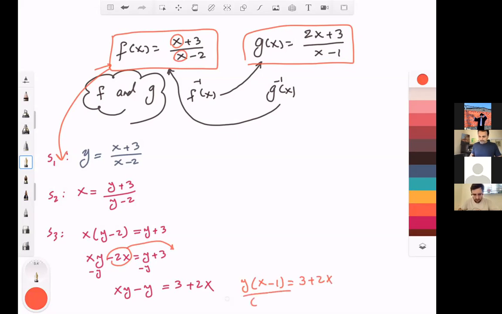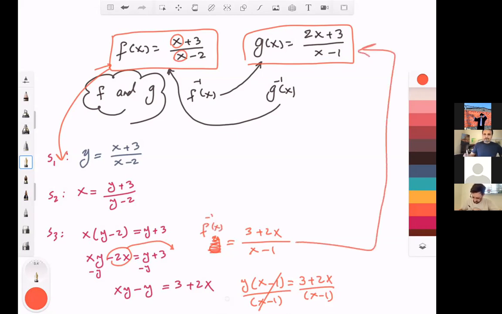Then I divide by x minus 1. So y equal to 3 plus 2x over x minus 1. So at the end, we cross this one out. We're going to call it f inverse of x. So now is this the same as this one?